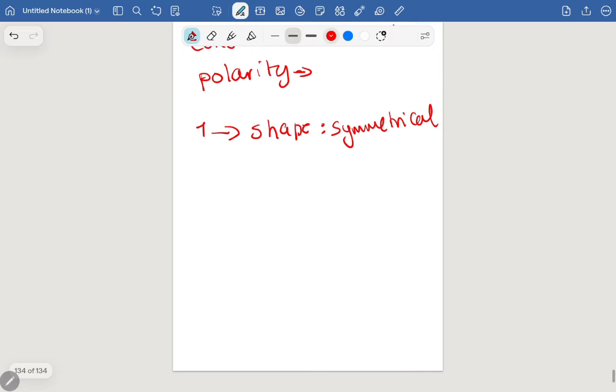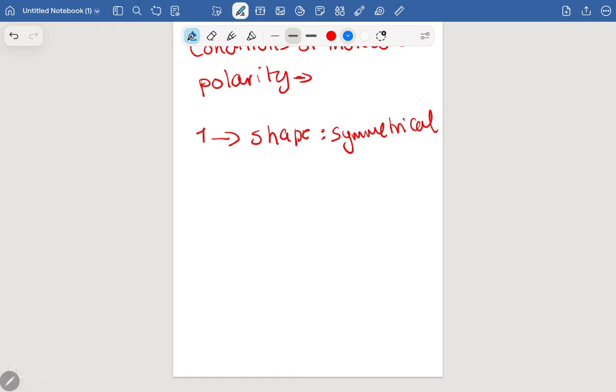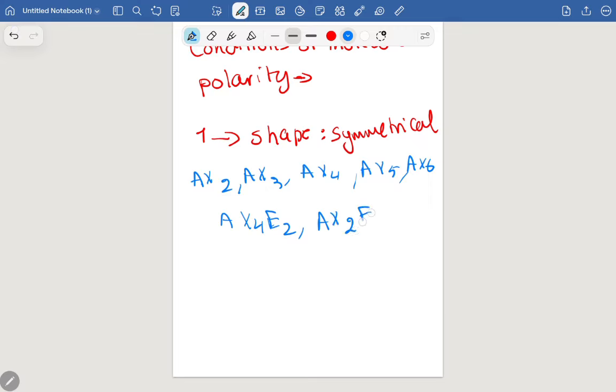You have AX2, AX3, AX4, AX5, AX6, AX4E2 and AX2E3. These 7 shapes are symmetrical. That means they're all non-polar. All other shapes are polar.